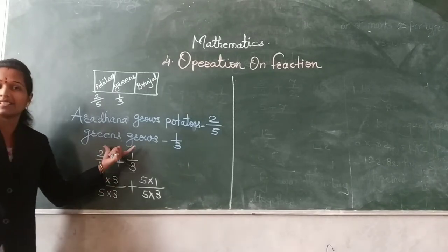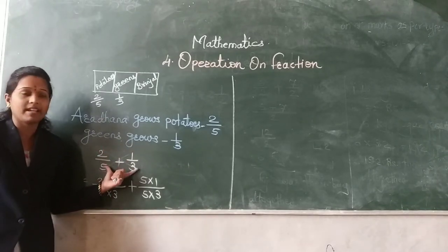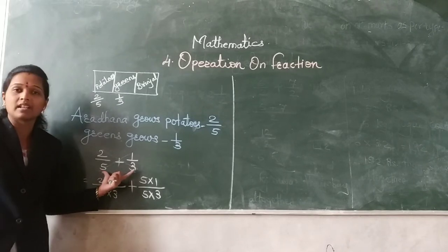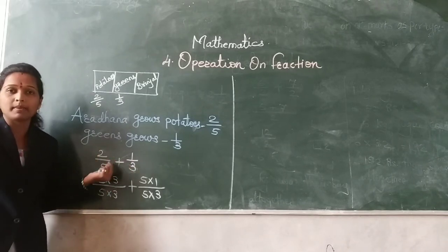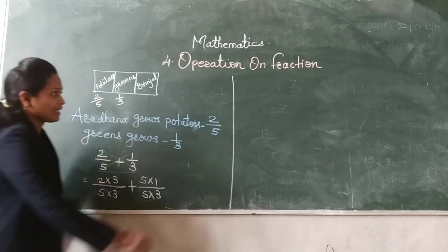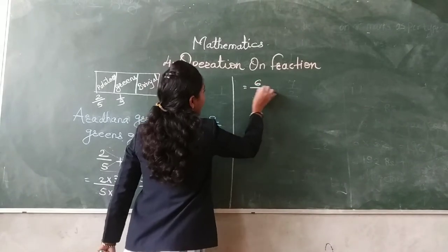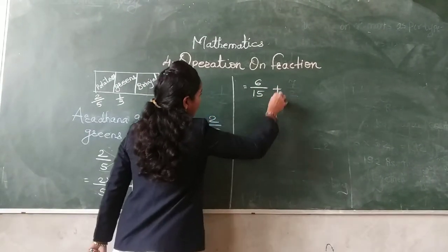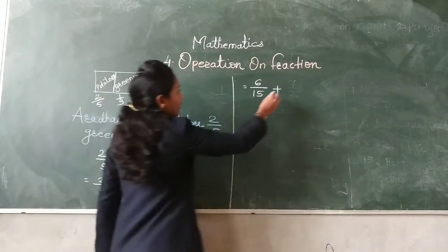2 3s are 6, and this is very easy because in 5th standard we have learned how to make the denominator in the same form. We have to do the cross multiplication method and we can write the denominator in this way. 2 3s are 6 and in the denominator 5 3s are 15 plus 5 1s are 5.